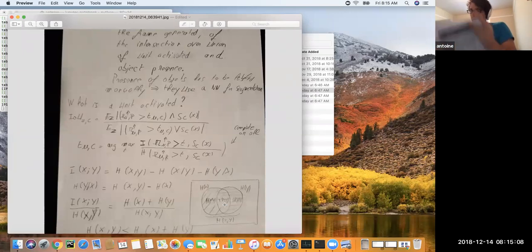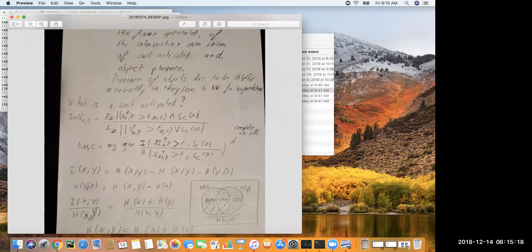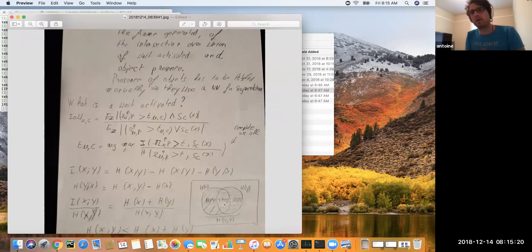And to check that, what they want to do is, okay, suppose that we reset the activation of a set of units to zero, does the object disappear?